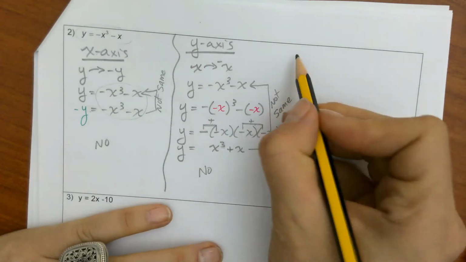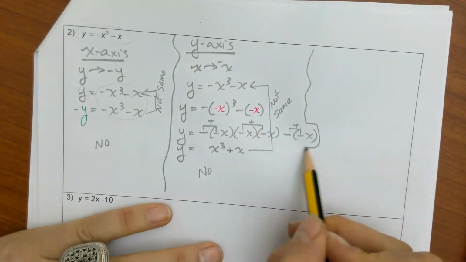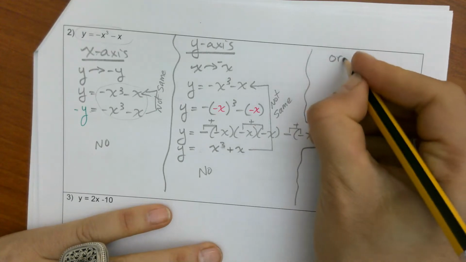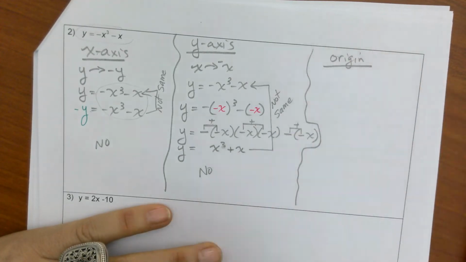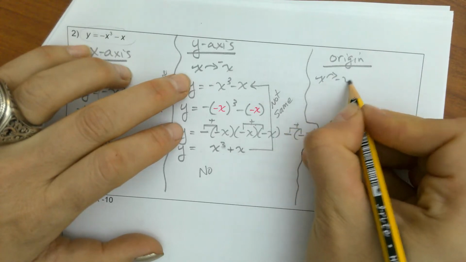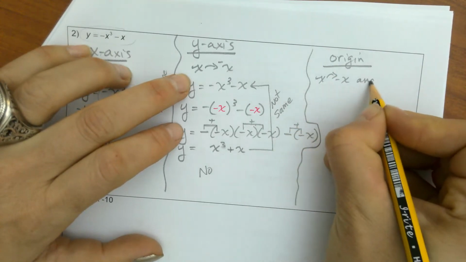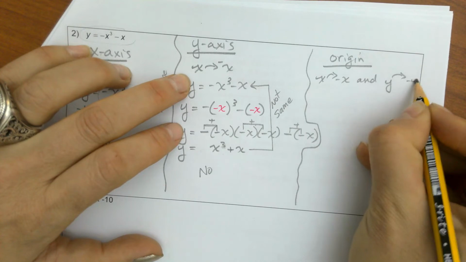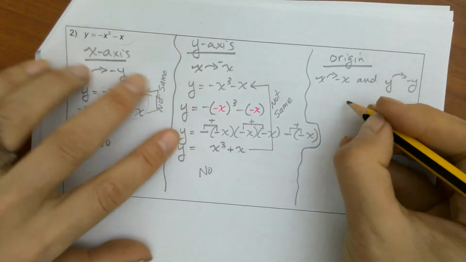So now, let's check origin symmetry. That means I have to replace both. So I'm going to replace my x with negative x, and my y with negative y. So let's write out the equation.